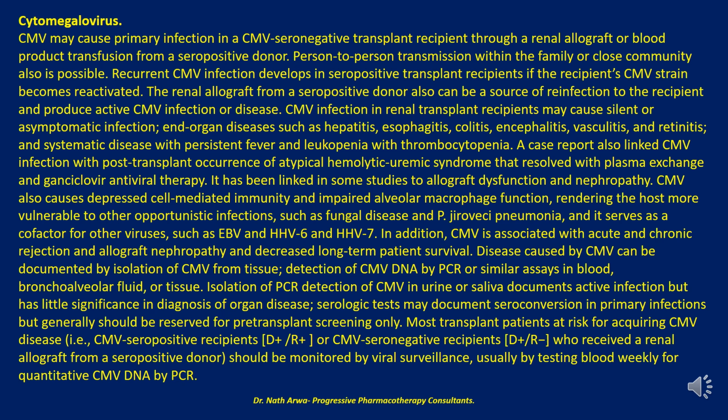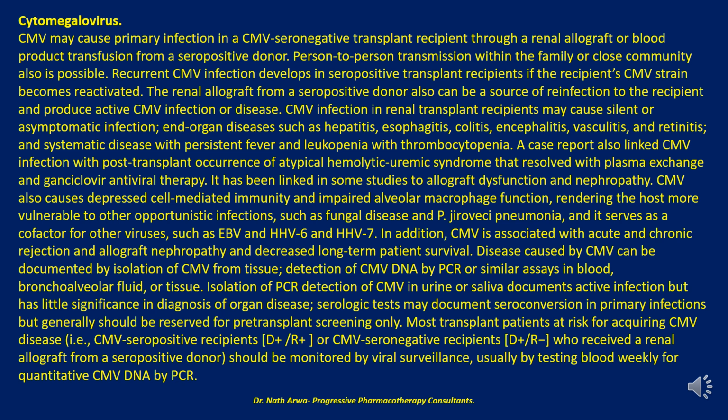Isolation or PCR detection of CMV in urine or saliva documents active infection, but has little significance in diagnosis of organ disease. Serologic tests may document seroconversion in primary infections but generally should be reserved for pre-transplant screening only.